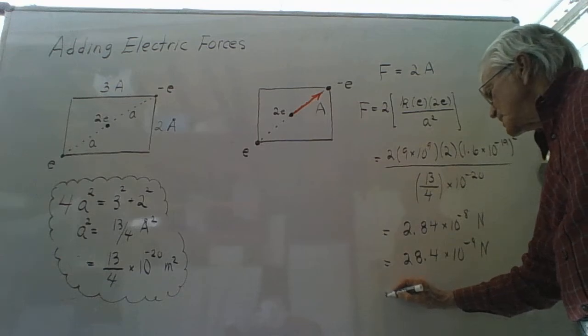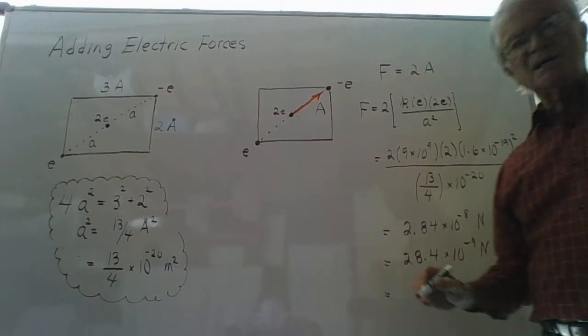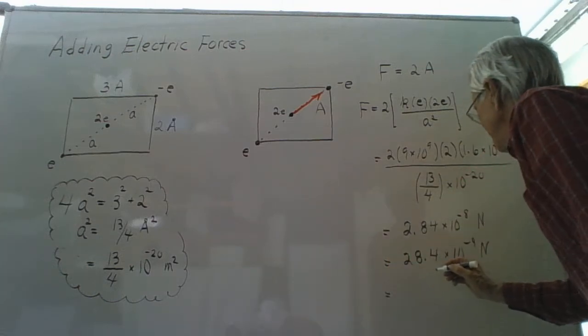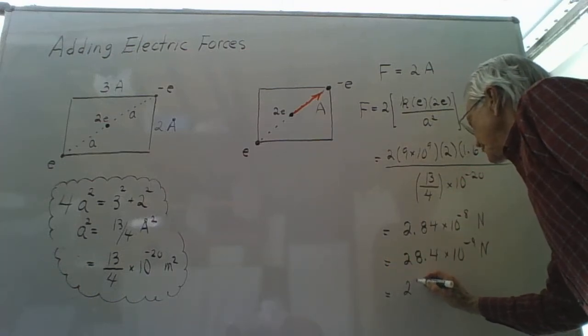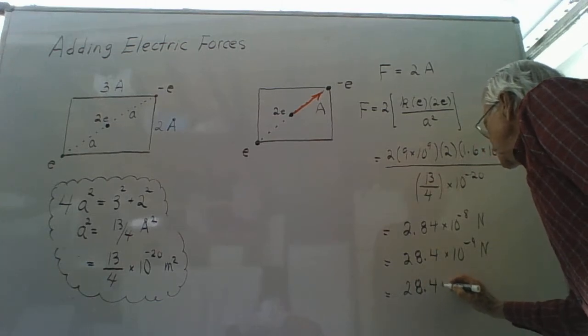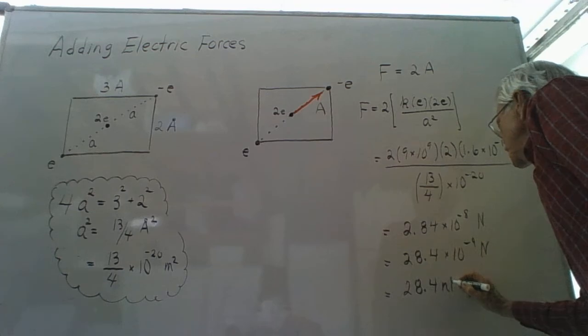But 10 to the negative 9 of a newton is a nanonewton. Final result, the force on the magnesium ion is 28.4 nanonewtons.